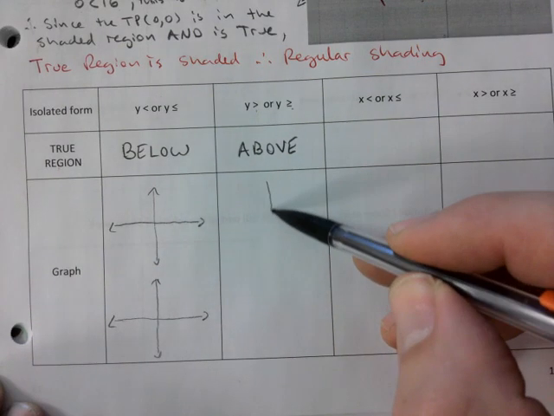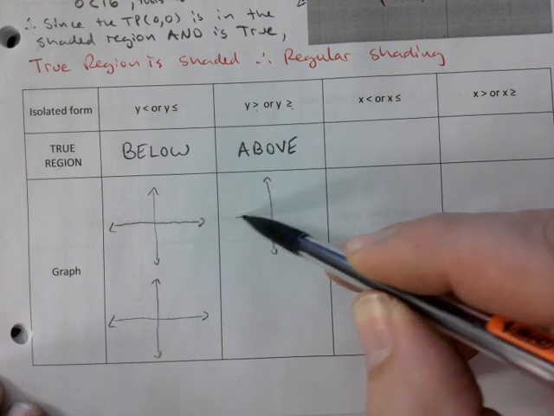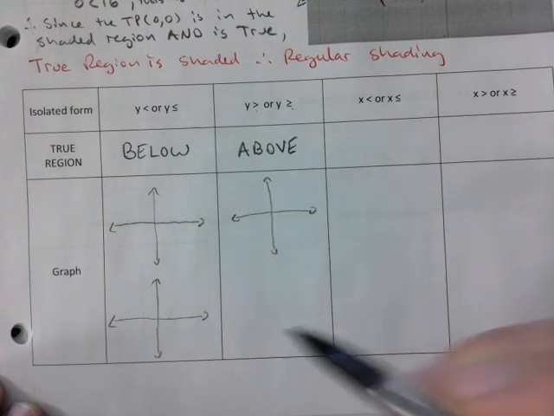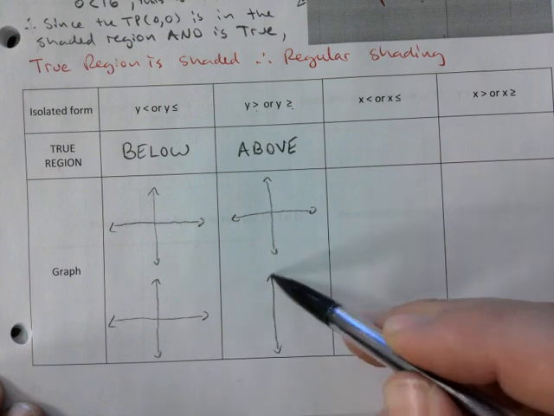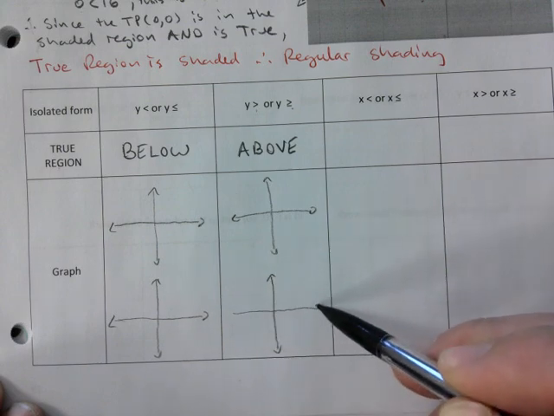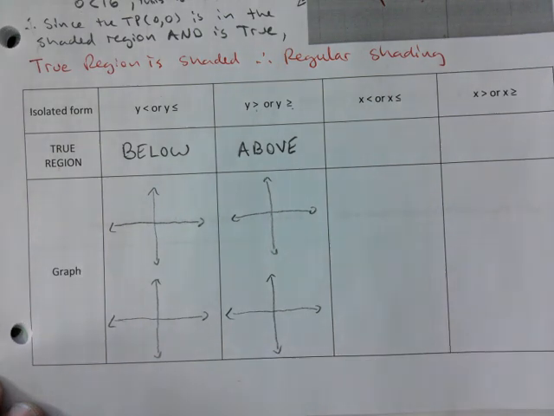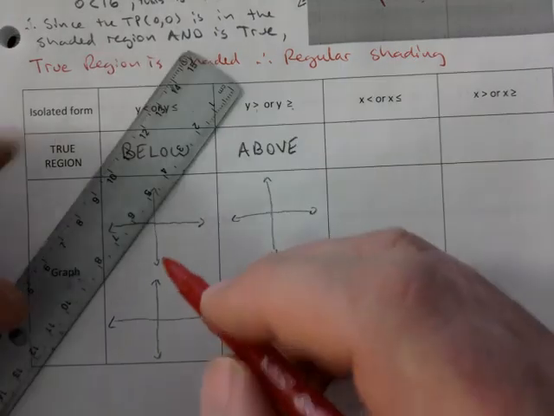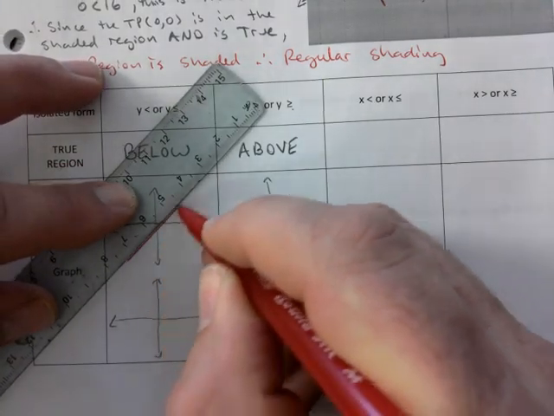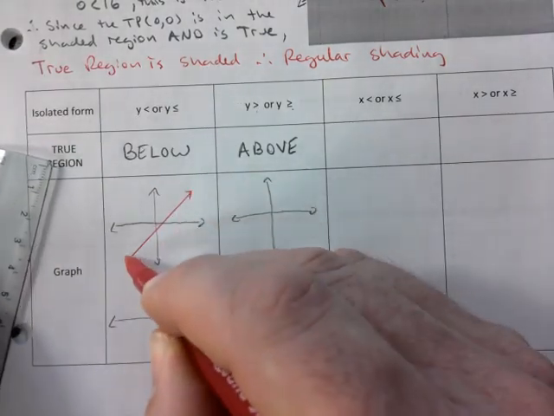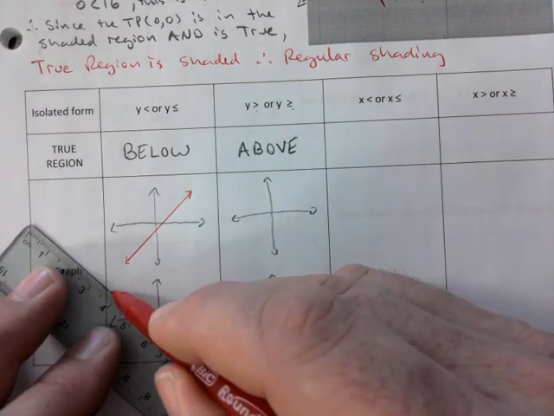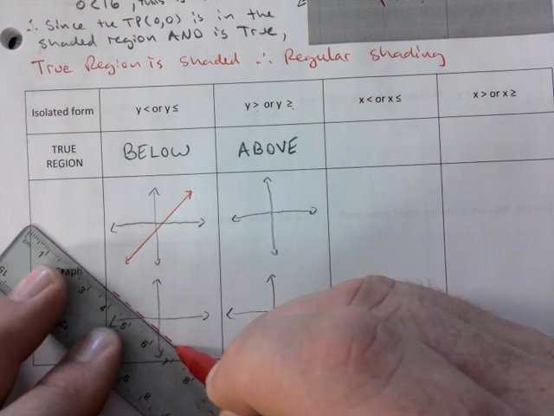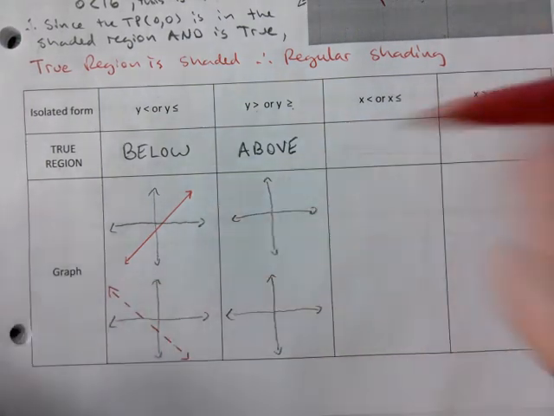Let's do the same thing. So let's say you graph your line, it ends up being like this. Or you graph your line and it ends up being like this. And I will mix up dashed and solid so you don't think it always has to be.